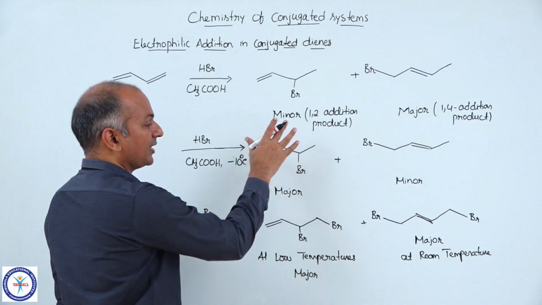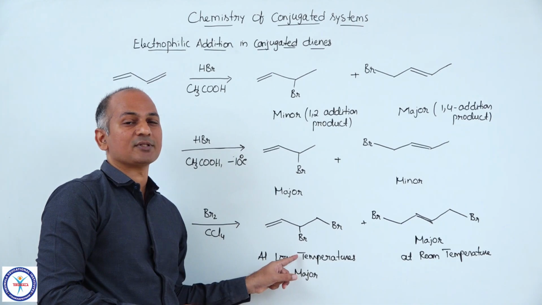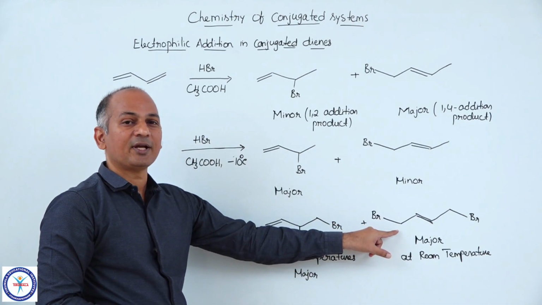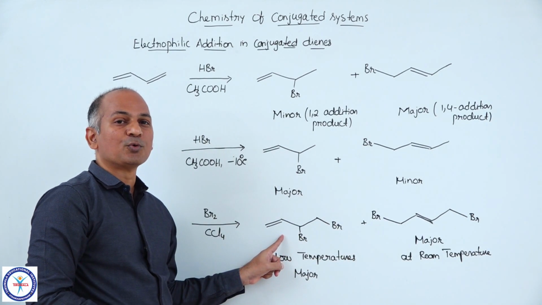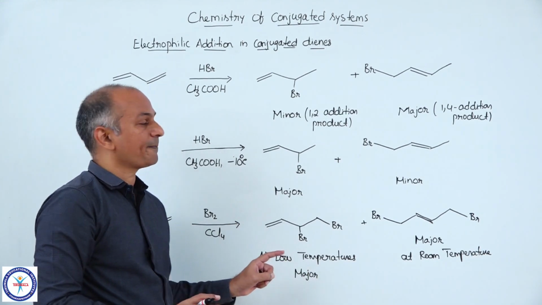So similar to the HBr case, temperature plays an important role in both examples. At high temperature the 1,4 product comes out major, and at low temperature the 1,2 product comes out major. And one more very important point.